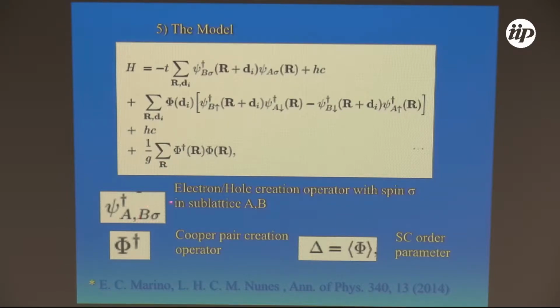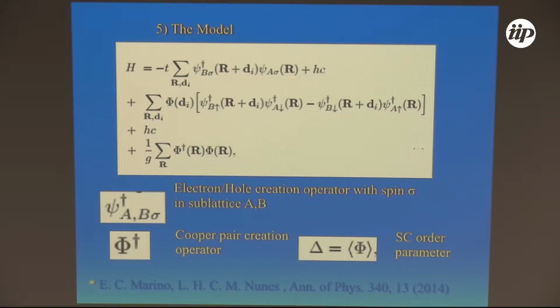Psi are electron-hole creation operators with spin sigma in sublattice A, B of the oxygen. The first term is a hopping term with a hopping parameter t, where a hole hops from the A sublattice to the B sublattice, where we sum over the 4 vectors connecting the nearest neighbors.